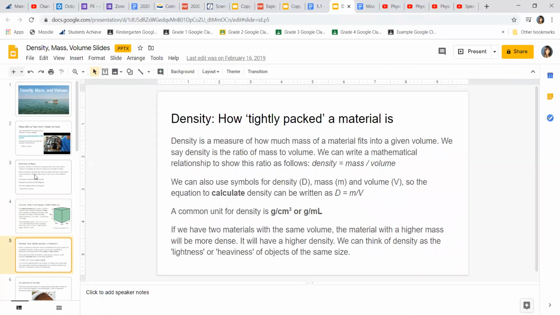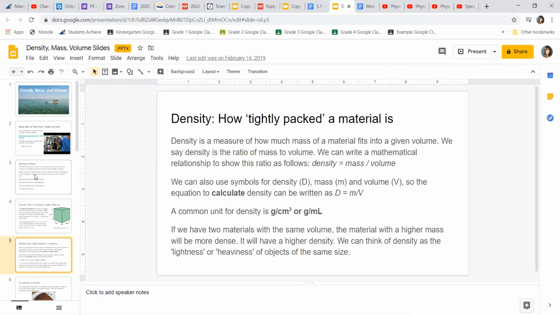Then density, so that's how tightly packed a material is. I'm not sure if you've ever baked a cake before, but think of it this way. I am thinking of 2 different types of cakes. You might have an angel food cake, and that one, even though it's quite big in size, is very light and fluffy on the inside, in the sense that sometimes it feels like you are almost biting into air.